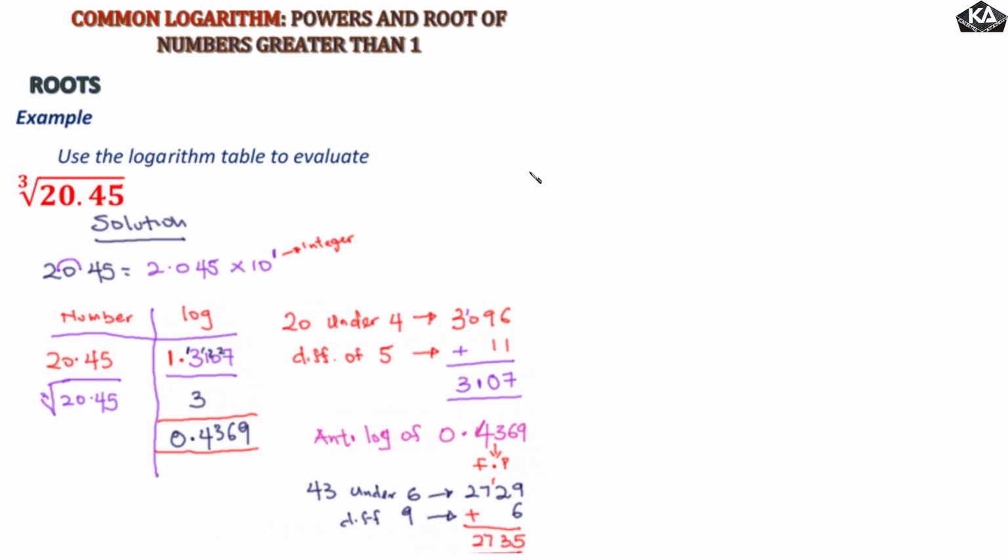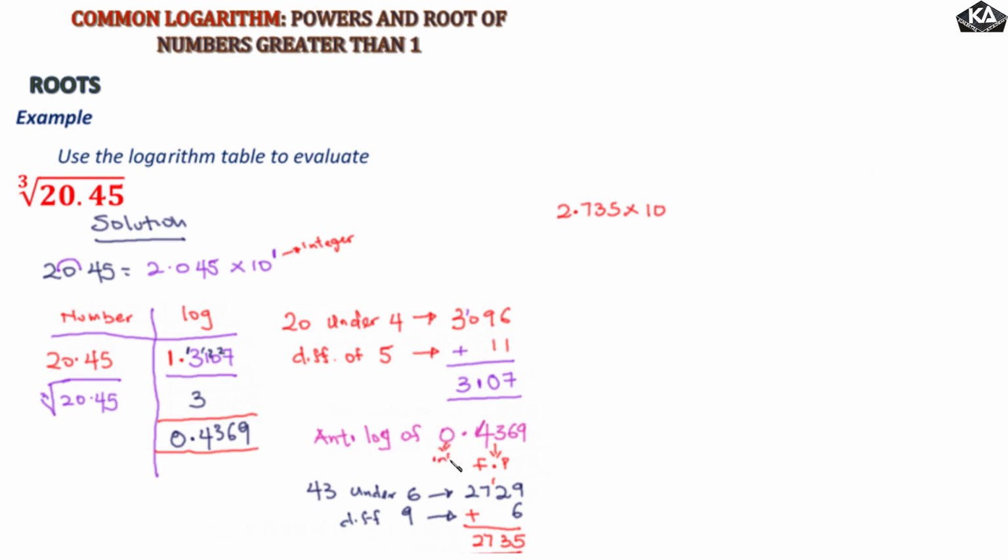Now, for antilog, I told us that the value we have is the point in front of the first digit, 2.735 times 10 raised to power the what? The integer we left behind. That's 0.